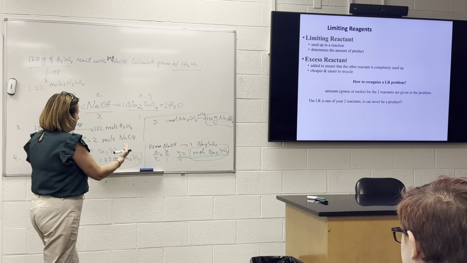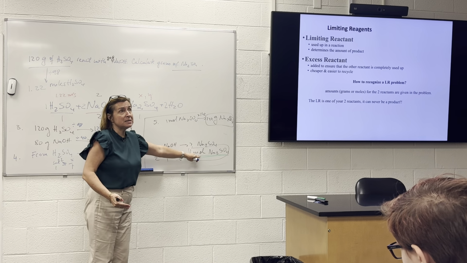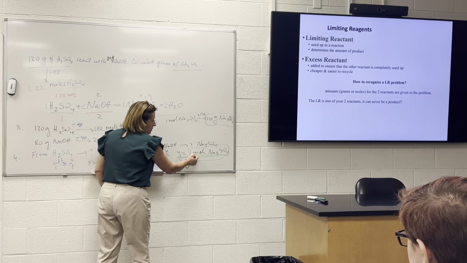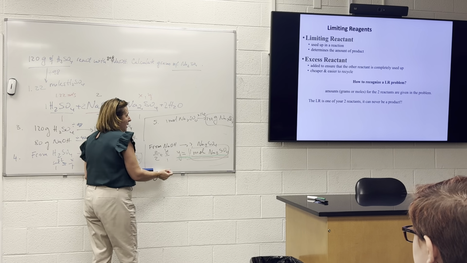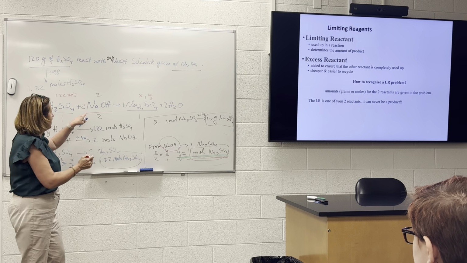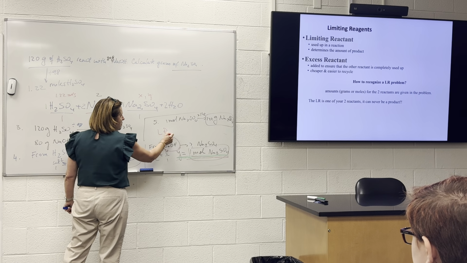So if I'm looking at these two answers, 1.22 moles and 1 mole that I get here in step 4, and I determine that this is the smallest amount, so this is the correct amount, I'm always looking, who gave me that amount? What was the reactant that led me to that answer? It was NaOH. That makes NaOH the limiting reagent.